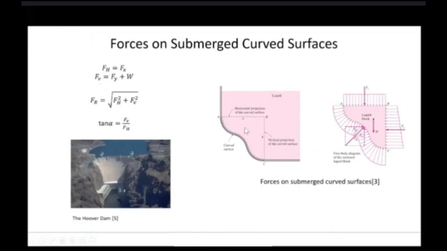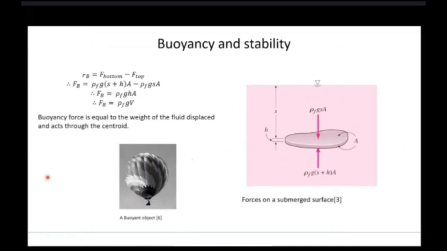Then we can work out the magnitude of the force on the curved surface by using Pythagoras, and the angle of the vector for the force on the curved surface using some trigonometry. Okay, so we now understand how to calculate the forces on a flat surface submerged in fluids, and we also know how we can use that to calculate the forces on a curved surface submerged in fluids.